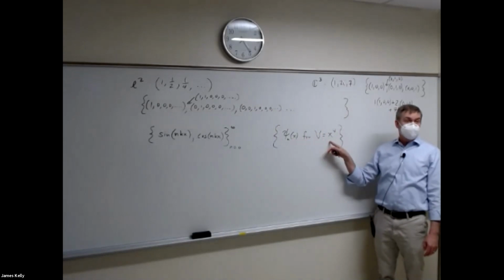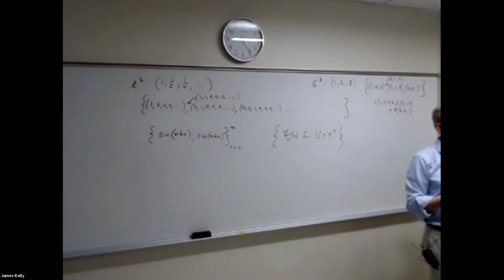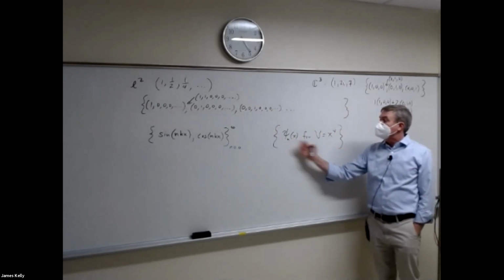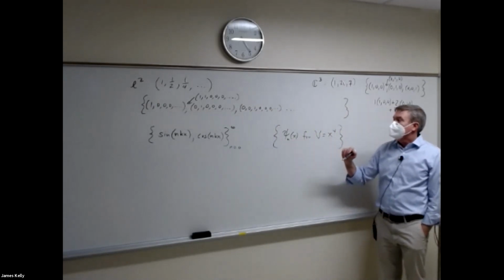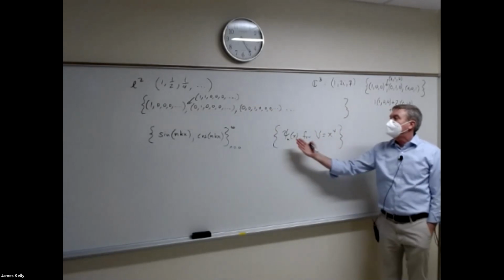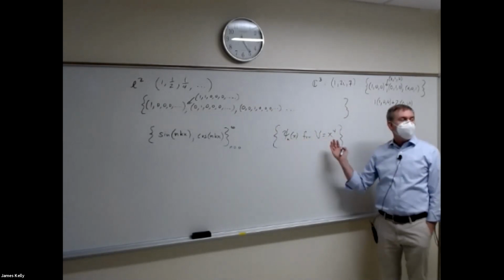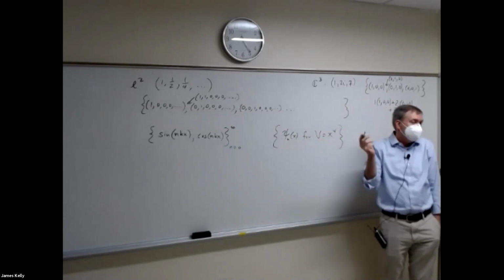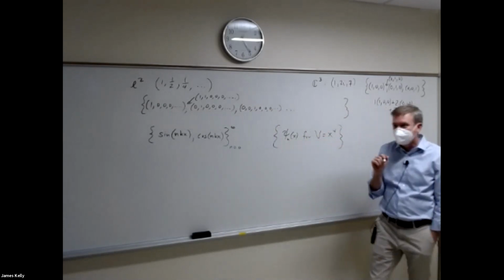Maybe you're going to find them as part of your MATLAB stuff that you're doing, right? Maybe you're going to use this potential. I could choose some other potential, and it doesn't even have to be symmetric, right? The claim is that any one of those works. And even if I have too many, I could take all the psi n of x for x to the 4th and all the psi n of x for x squared, and then I would have way too many functions, but still a complete set. That kind of idea.